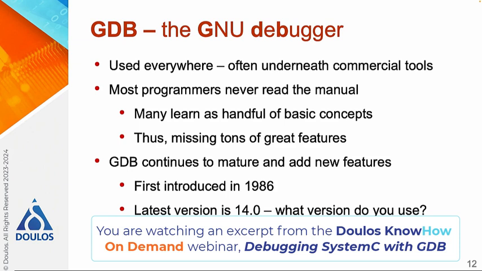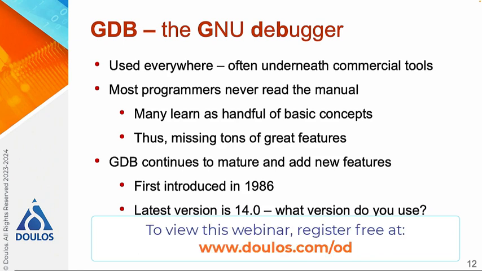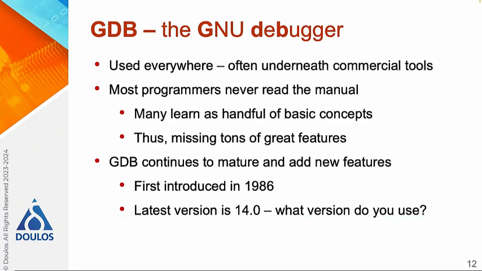But anyway, the latest version is 14.0. What version do you use? For preparing for this demo, I've used variously 9.2, which was found on Ubuntu 20.04, and then on Ubuntu 22.04 I would get 12.1, I believe, is what I used in the demo.